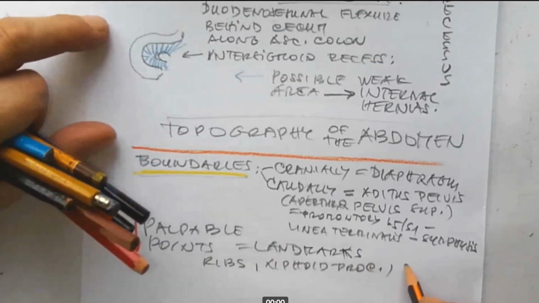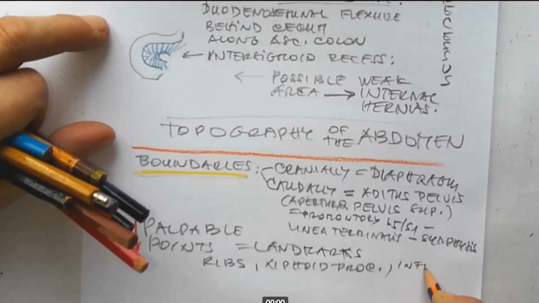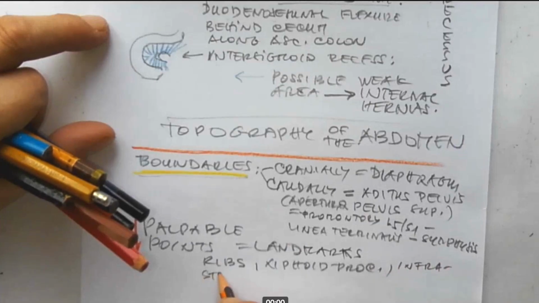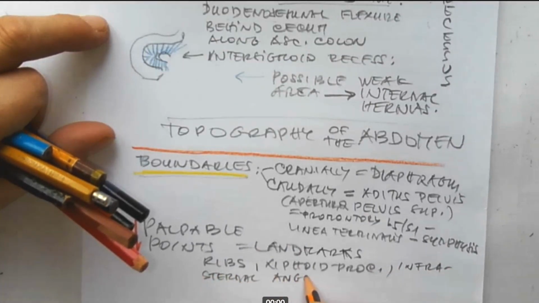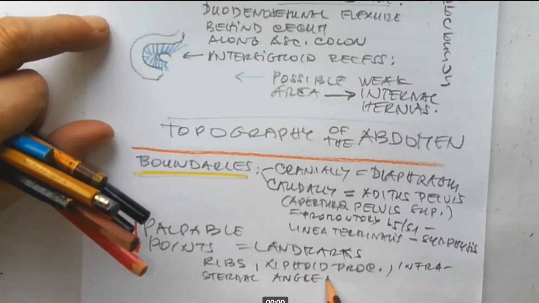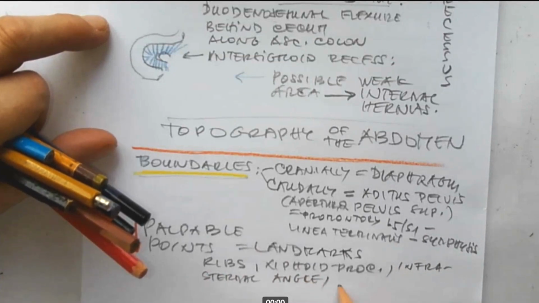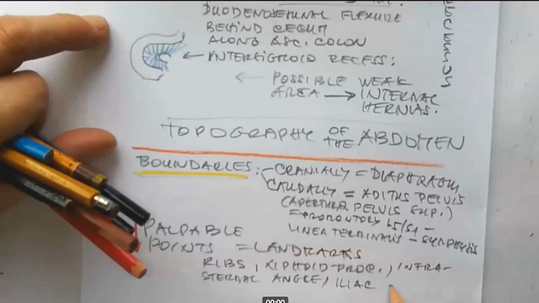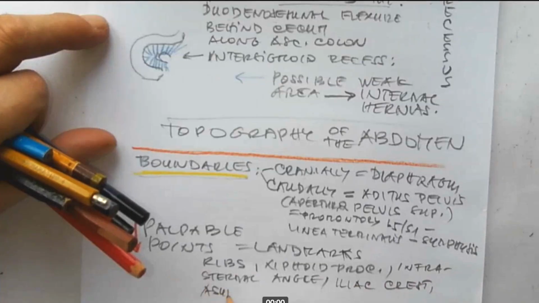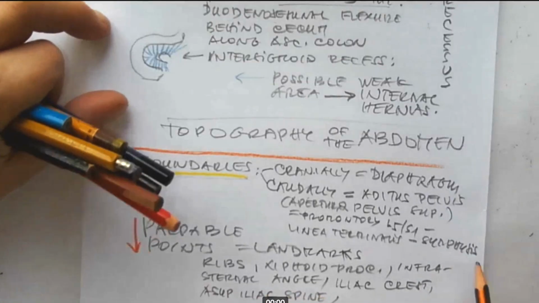Xiphoid process. Then the infrasternal angle, below the sternum. What else? The iliac crest, definitely, could also be palpable. The anterior superior iliac spine, we will need it for the description of the interspinous line.